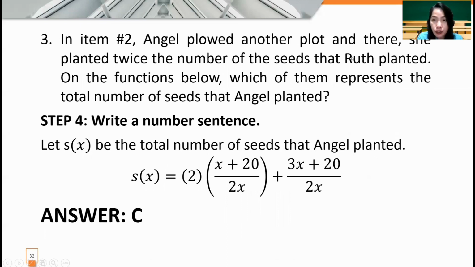So we have to take note, ilan ba yung number of seeds ni Ruth na tinanim niya sa plot? That is twice the number of the seeds na sa another plot tinanim ni Angel. So, yung kay Ruth kanina, we have x plus 20 all over 2x. Twice daw na tinanim ni Angel sa another plot.